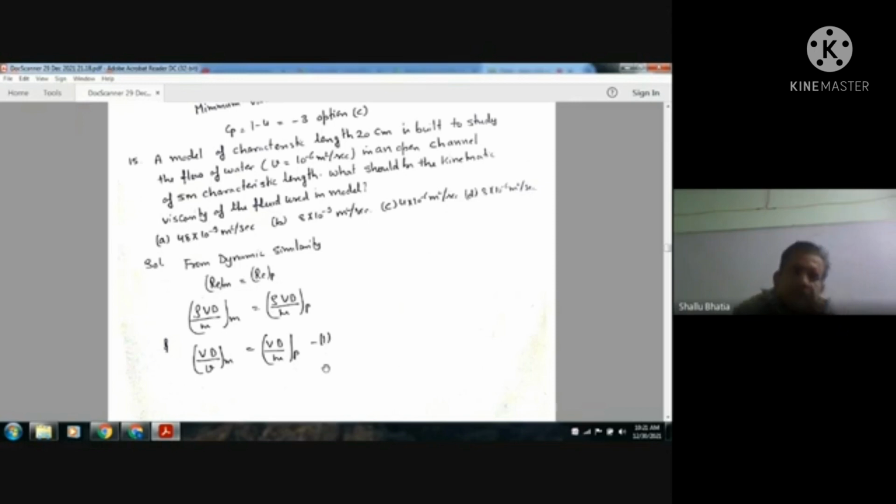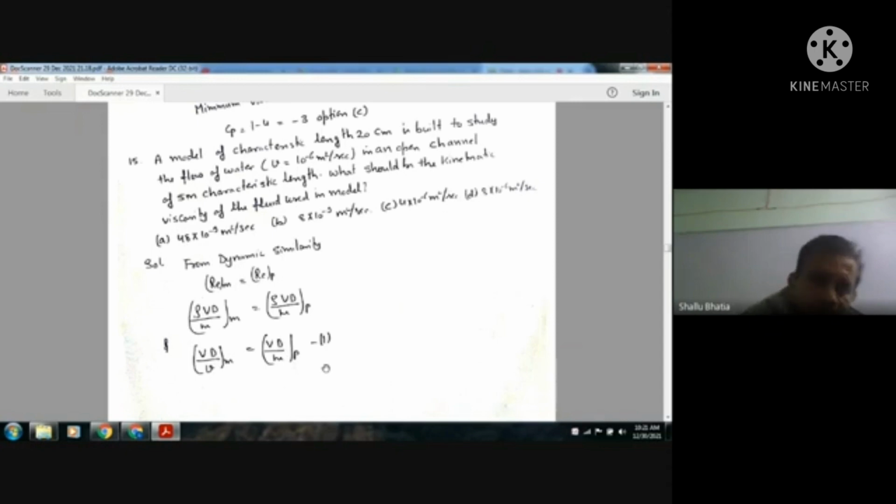What should be the kinematic viscosity of the fluid used in the model? The options are 48 into 10 power minus 9, 8 into 10 power minus 9, 4 into 10 power minus 6 and 8 into 10 power minus 6, all in meter square per second.